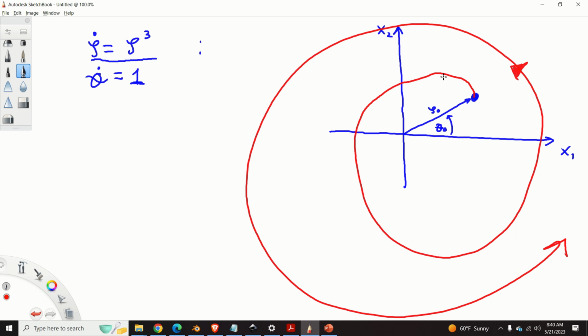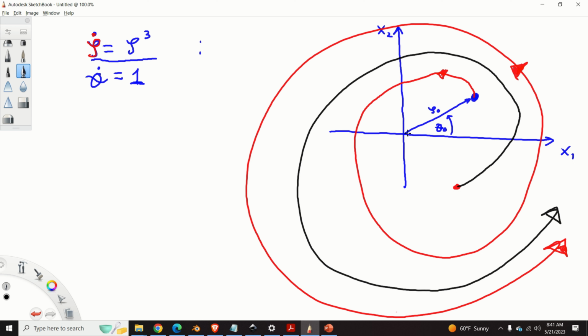This is because the first derivative of rho will always be positive, and we will move in the mathematically positive direction, that is, in the counterclockwise direction. Similarly, if we start from here, let's choose another color, the trajectories will look like this.